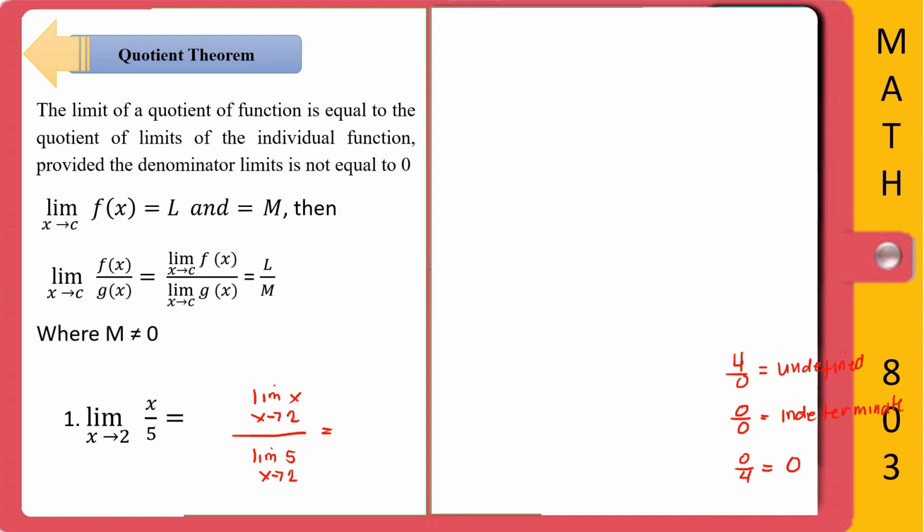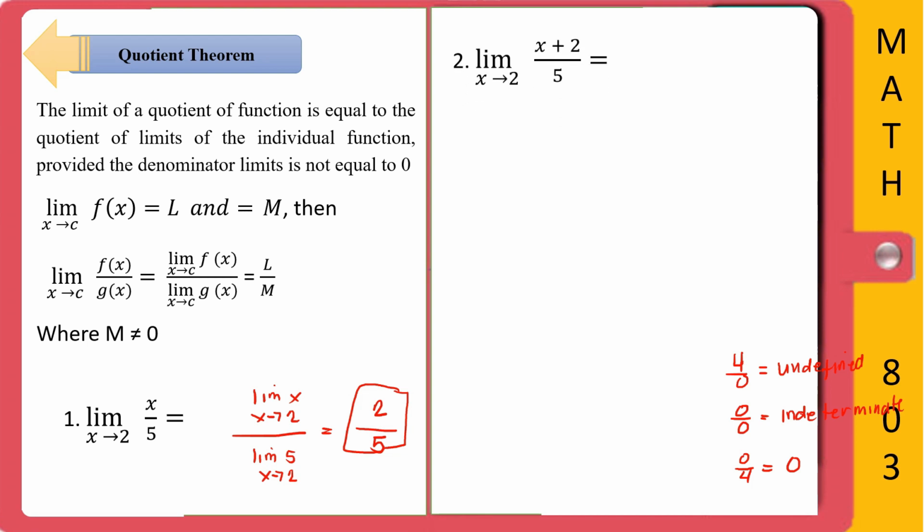As you can see here, this is an example of the identity theorem, so we need to substitute the value of c into the variable x. So it becomes 2. And the limit of 5 as x approaches 2 is an example of the constant theorem wherein the value of k is 5. So therefore, we have 5. So this will be our final answer, 2 over 5, or 2/5.